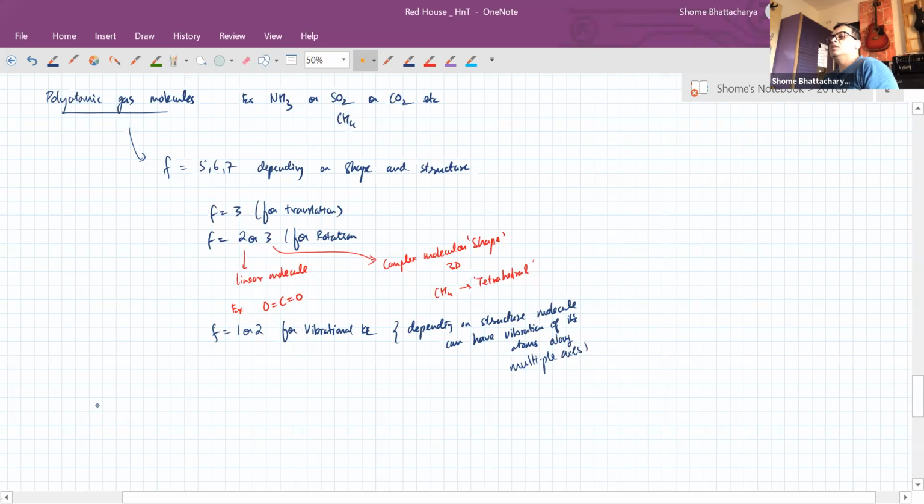So end of the day, basically for polyatomic gas molecules, it is unpredictable. The value of total degrees of freedom cannot be fixed at a certain number.